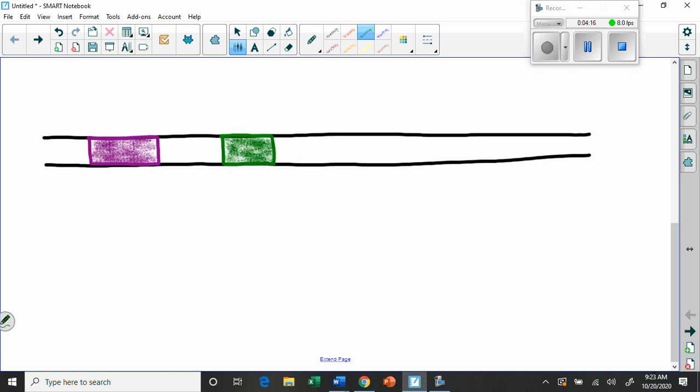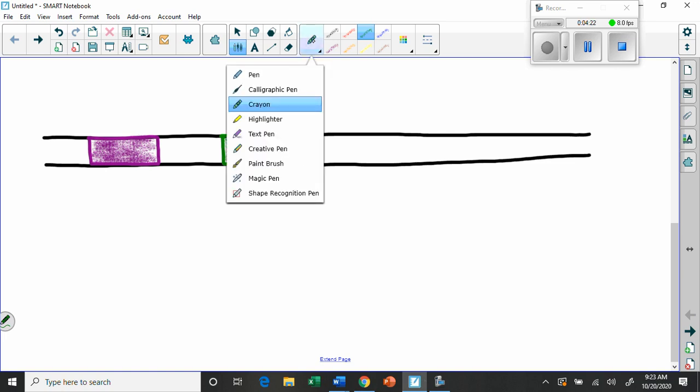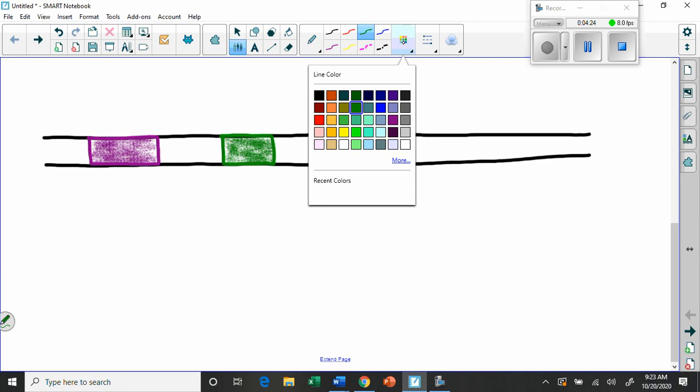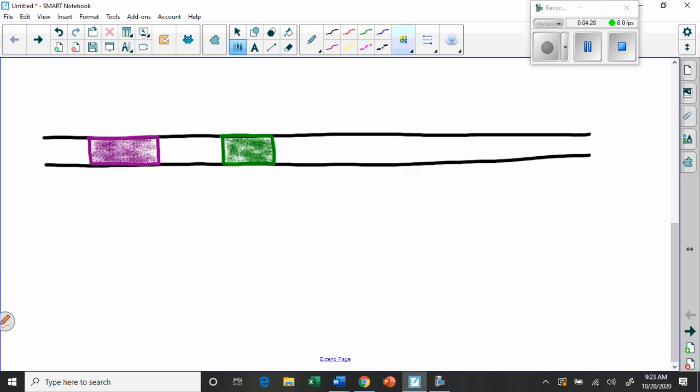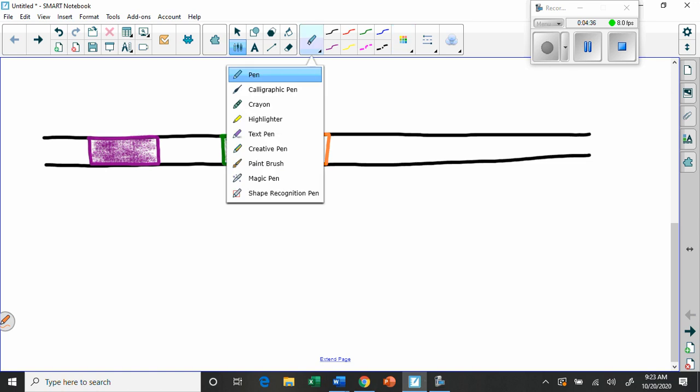Then we'll get an orangey section. I'm just going to use the same colors as your book so that everything looks similar. So here's an orangey section, right beside the promoter. And we'll color that in with an orange crayon.